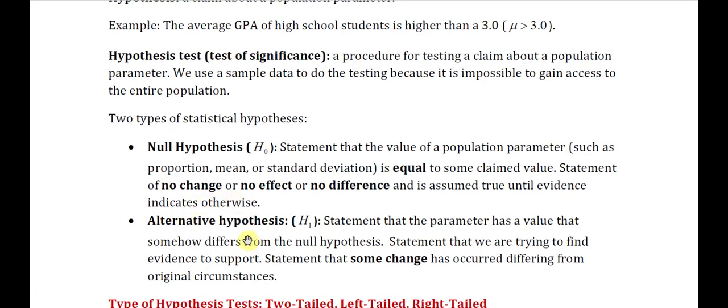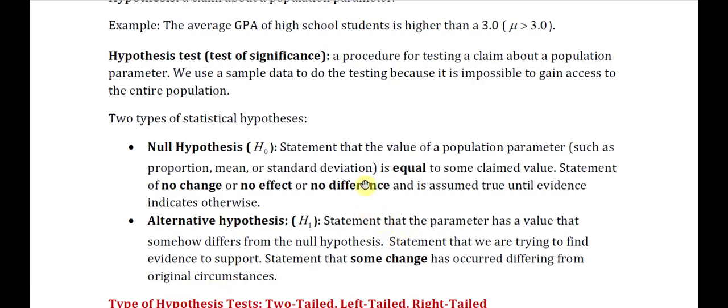The alternative hypothesis is the statement that the parameter has a value that is somehow different from the null hypothesis. This is the statement that we are trying to find evidence to support, the one where some change has occurred from the original circumstances.